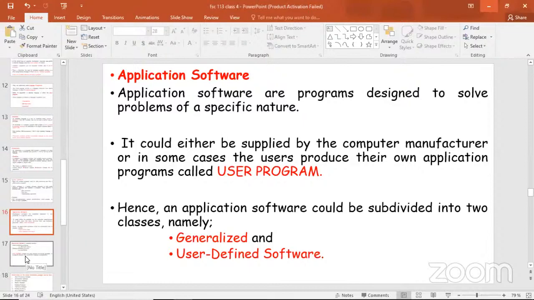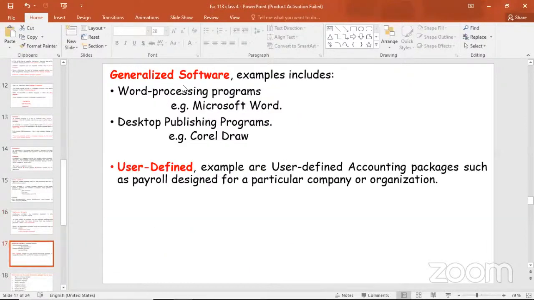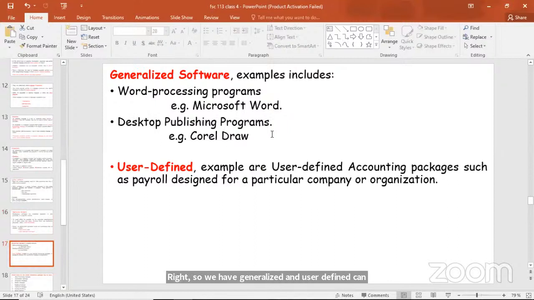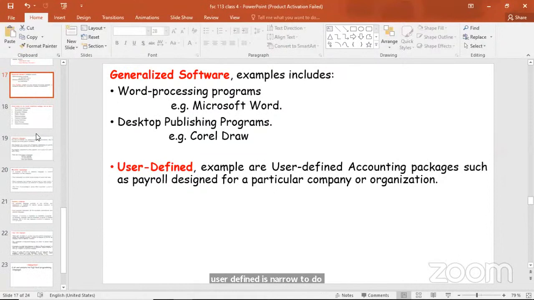So we have generalized and user-defined. Generalized are things that everybody can use to do a particular type of work. But user-defined is narrowed to just a few people using it, and it is used for specific purposes.